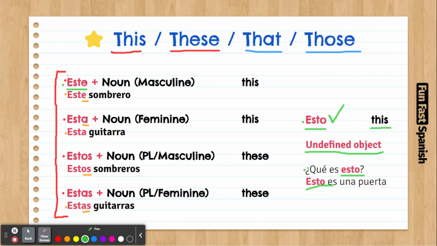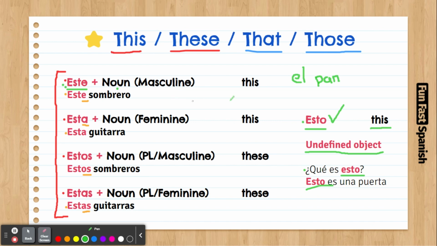So let's say we go to a bakery and I want bread. El pan is the bread. It's actually masculine, pan. So I'm going to say I want this bread. Yo quiero este pan.